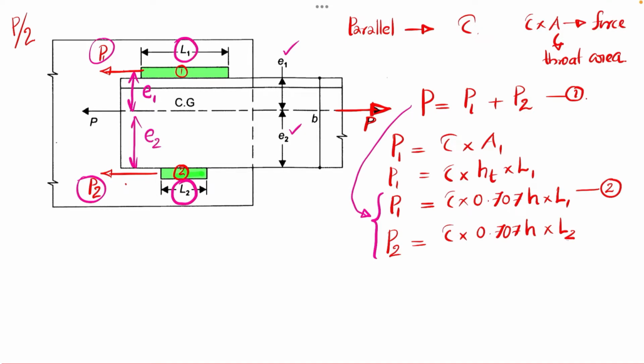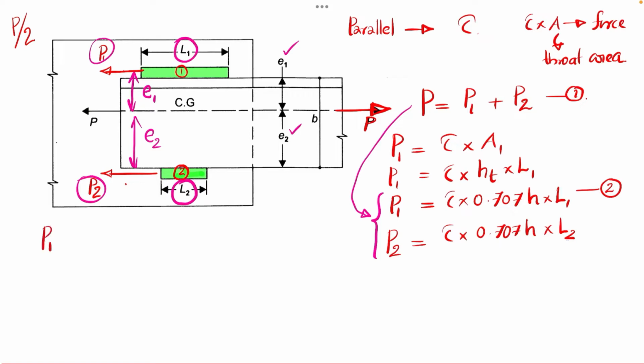So this distance will be E2. So the moment created by these two forces about CG, or about this axis. The moment created by P1 will be in this direction anti-clockwise, and that moment will be P1 into E1. Similarly, the moment produced by P2 about this will be P2 into E2.